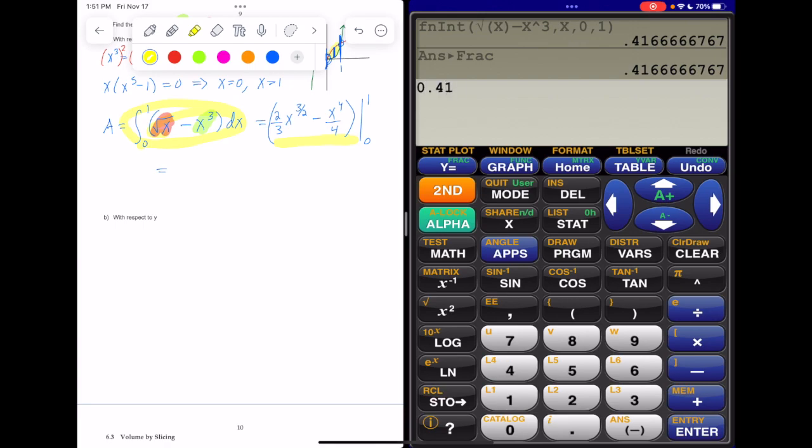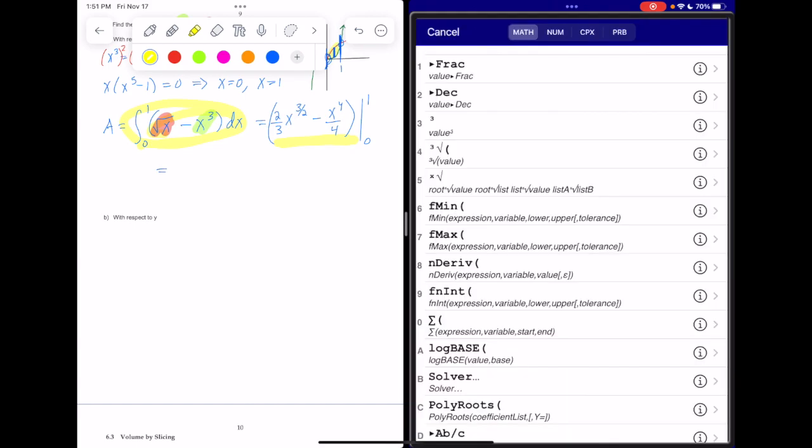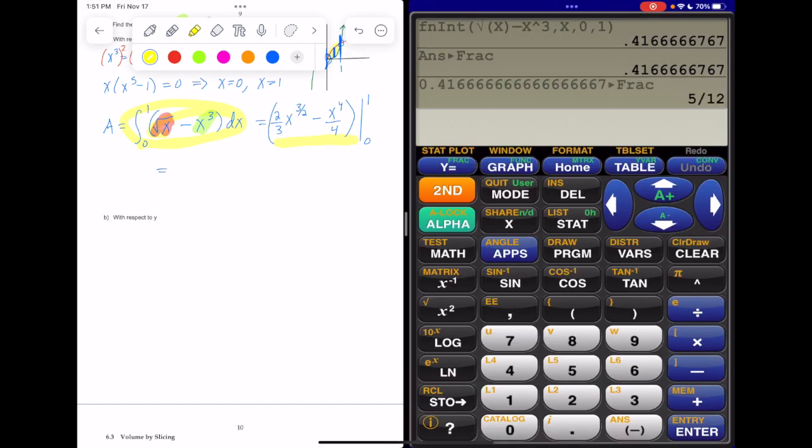It's 0.41. It's actually just a ton of sixes, and then a 7 eventually when you round it. Let me try storing that to a fraction. So 5/12, which is correct. So what's going on there? Why did we get that 6767 at the end originally? Again, that has to do with the Simpson's rule not giving us the exact value.